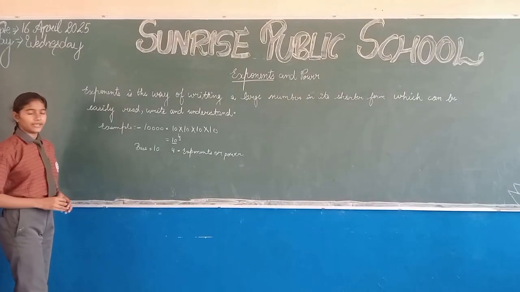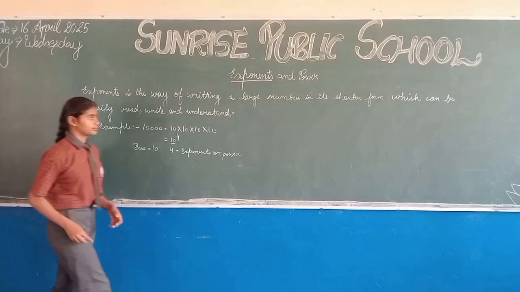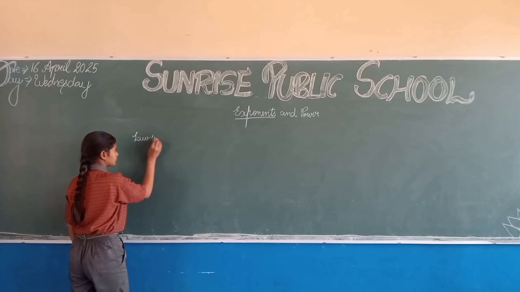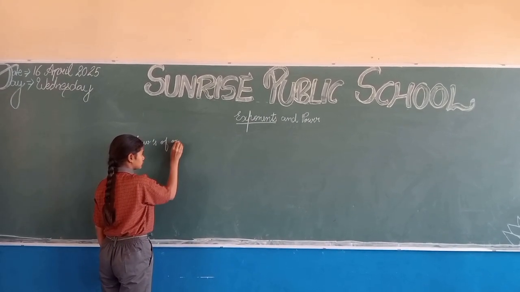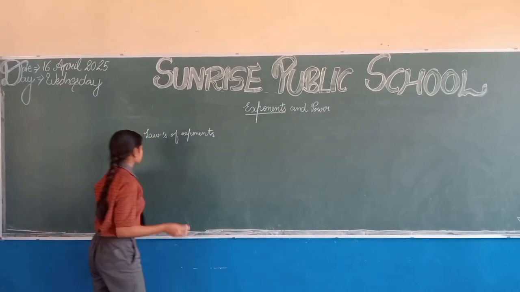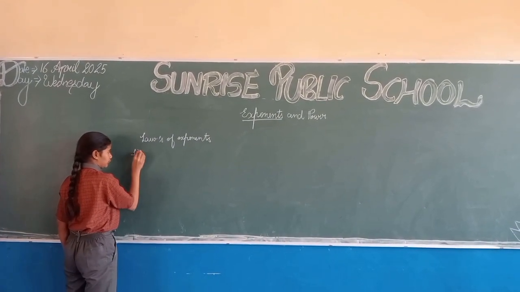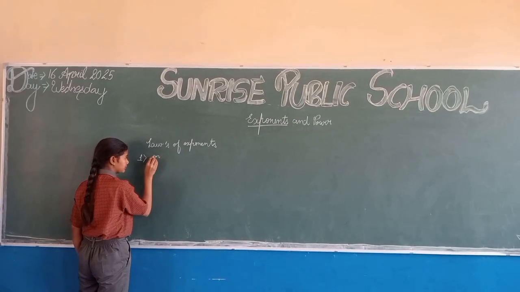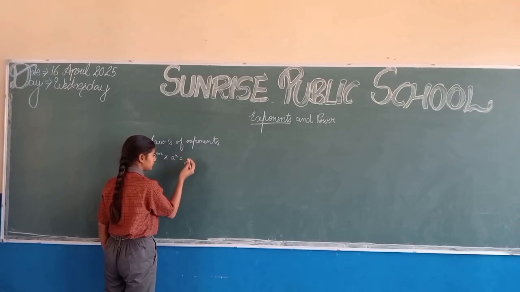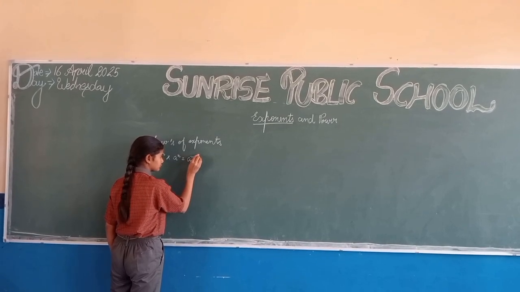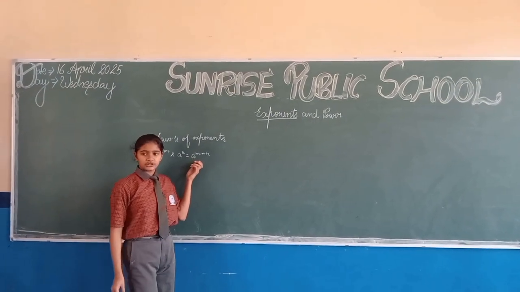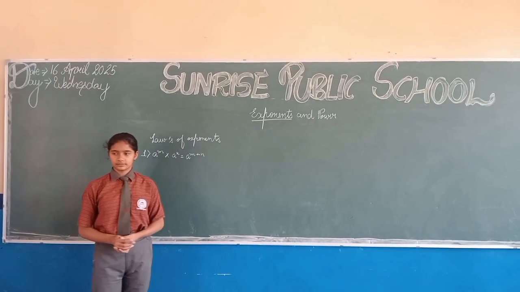Now we are going to study the laws of exponents. First law: a raised to power m multiplied by a raised to power n is equal to a raised to power m plus n.